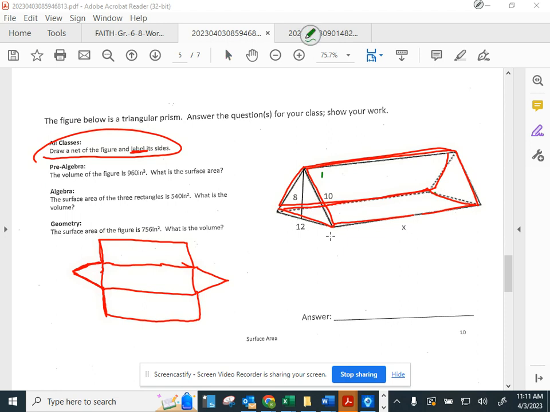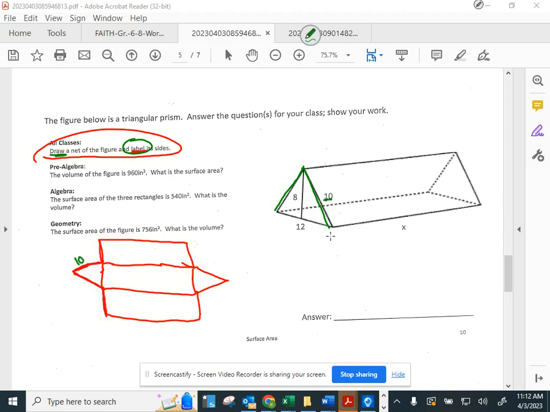So we have to do our second part. So this is drawing the net, then we have to label it. So we have to look at our numbers and see where they go. So if I look at my triangle, I see one side of the triangle and this side, the 2 sides that are pointing up, they're 10s.